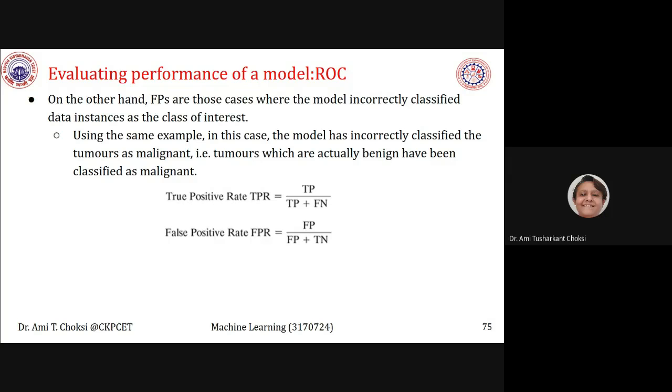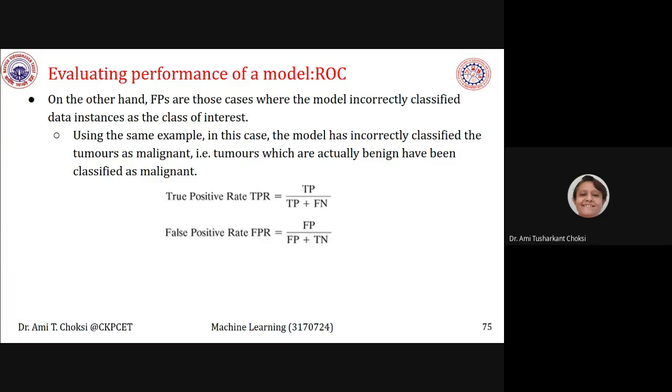So what we can say is we can find the true positive rate and the false positive rate, right? How can we find that? For that, the equation is: true positive rate is equal to TP upon TP plus FN, and false positive rate is FP upon FP plus TN.